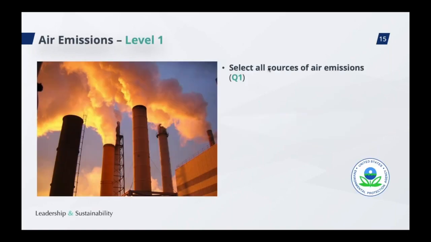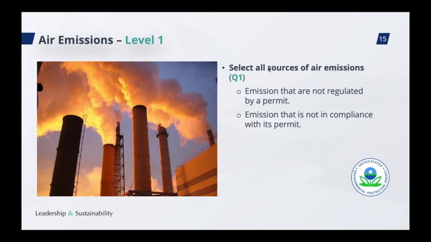The first question is: select all sources of air emissions relevant to your facility's operations that are not regulated by a permit or for which your facility is not in compliance with its permits. The intent of this question is to determine if the facility is aware of all on-site emissions to the air.